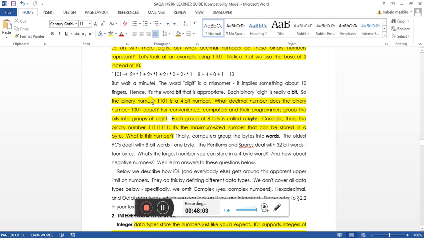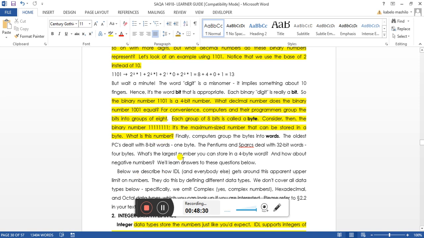The binary number 1101 is a 4-bit number. What decimal number does the binary number equal? For convenience, computers and their programmers group the bits into groups of 8. Each group of 8 bits is called a byte.